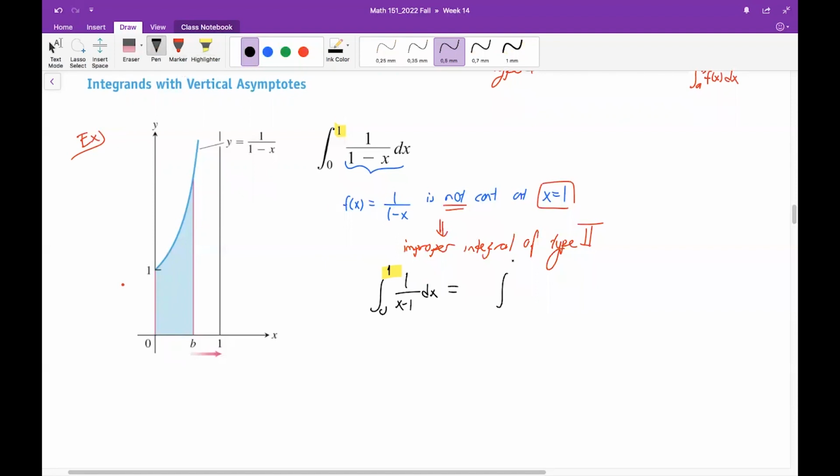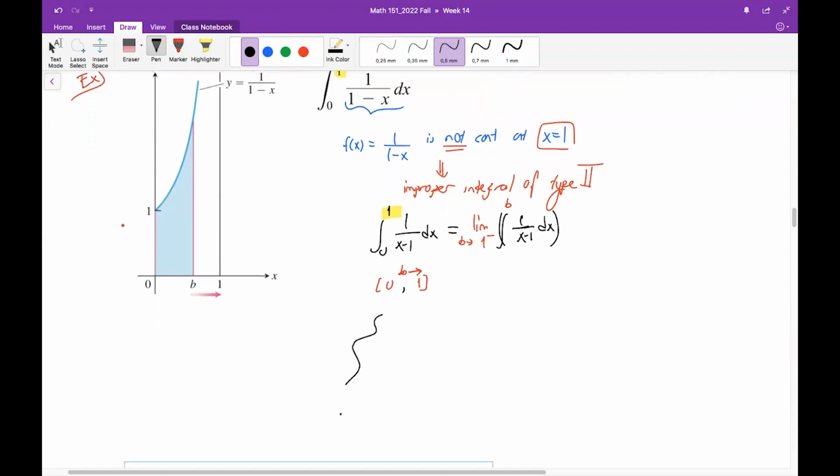That's why you put a variable like b at the place where we have a problem, and then send b to 1. b needs to be chosen inside your interval, so b goes to 1 from which direction? From the left. That's why we put this one-sided limit. So that's how you handle improper integrals of type 2. You send b to 1 from the lower direction like that.